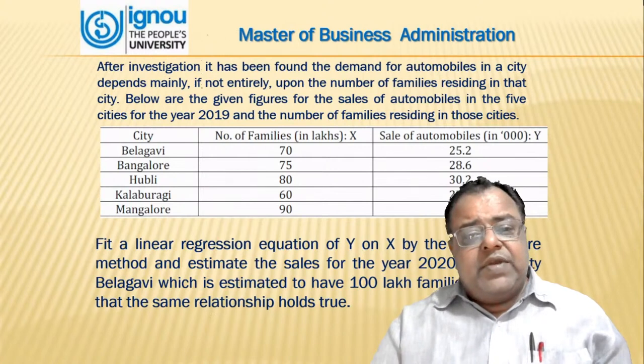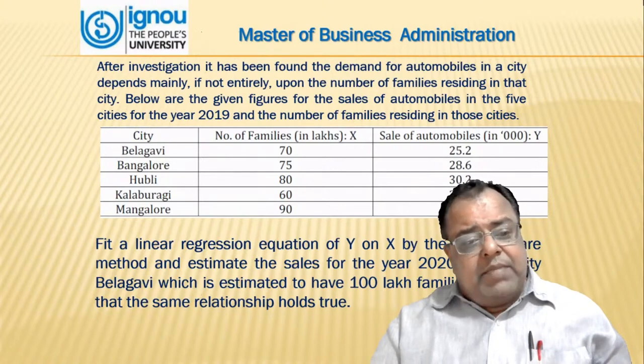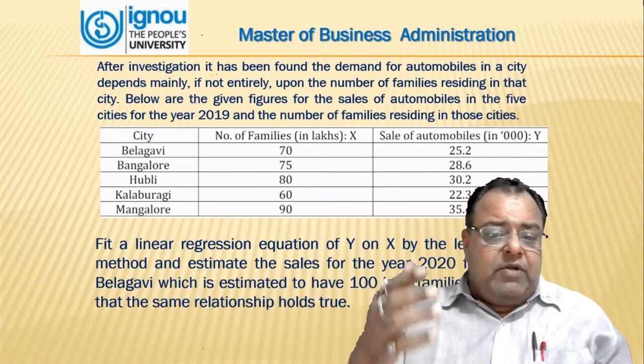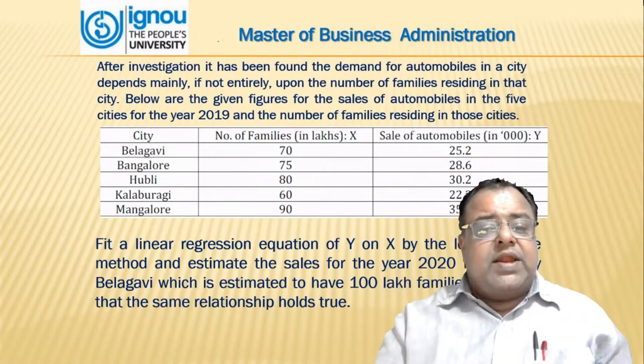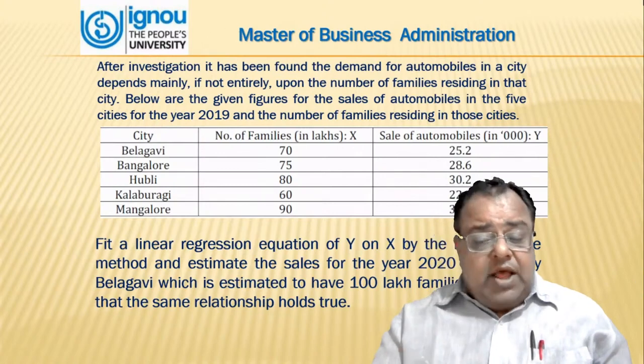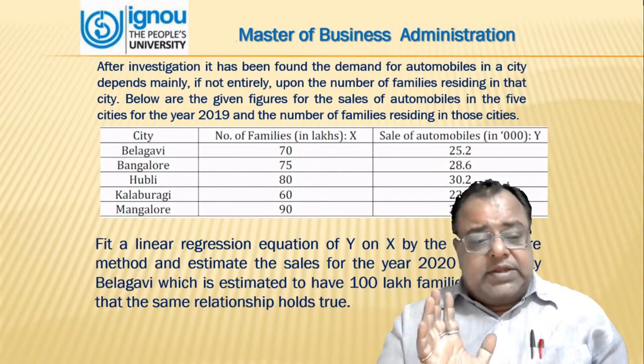Below are given the figures of the sales of automobiles in five cities in the year 2019 and the number of families residing in those cities. We have taken these five cities: Belagavi, Bangalore, Hubli, Kalaburagi, and Mangalore. The number of families values are given, and the number of sales of automobiles in thousands is denoted by Y. This data is given to us.